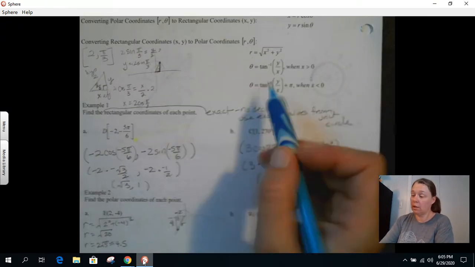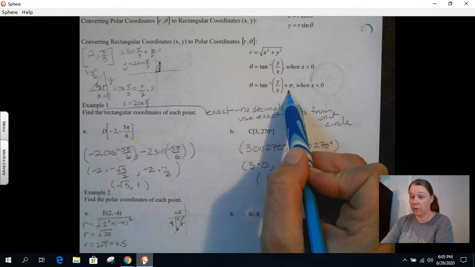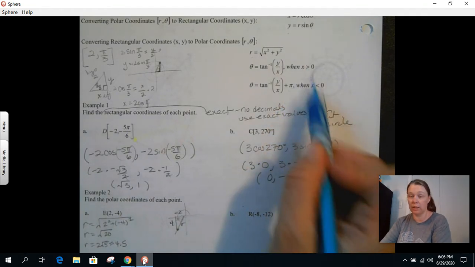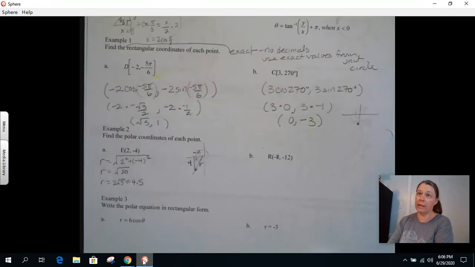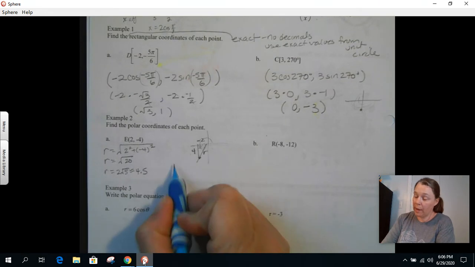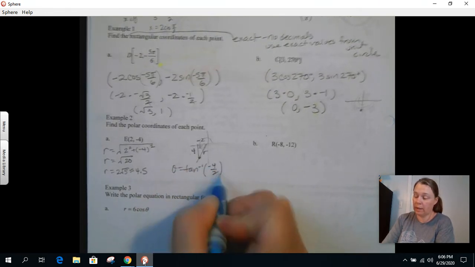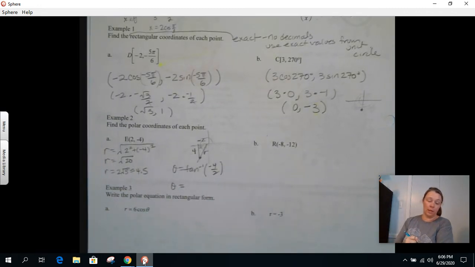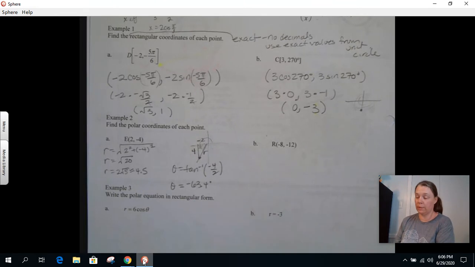Okay, so you'll see here, theta is the inverse tangent of y over x. Now here it says sometimes you have to add pi, and depends on what your x value is. You can memorize those rules, or you can really just think about, I need my final answer to be in the correct quadrant. All right, so my angle is the inverse tangent of y over x. So when I put that into my calculator, I get -63.4 degrees.